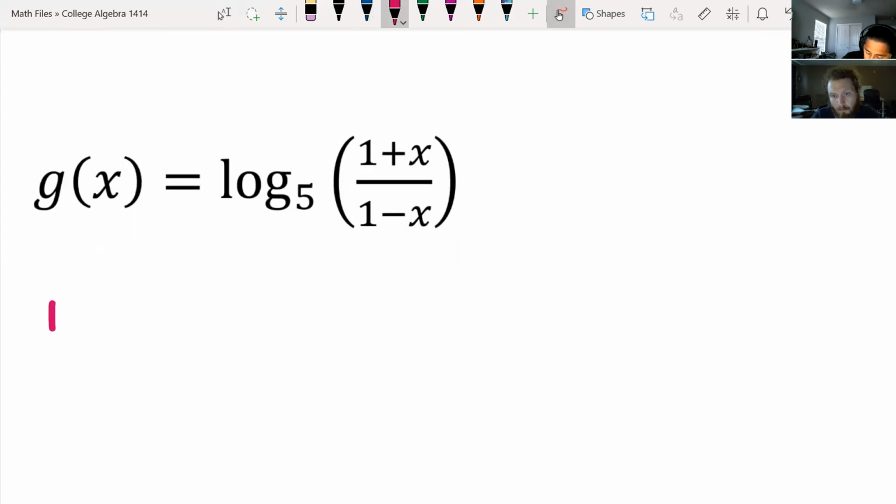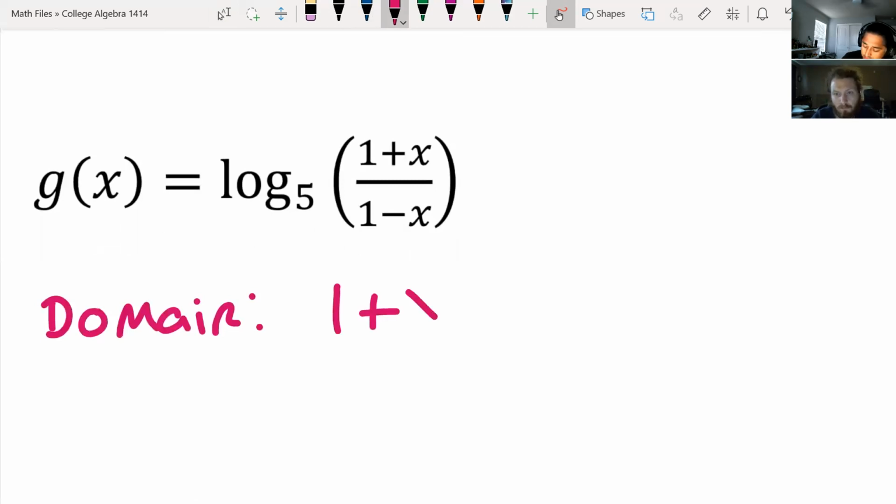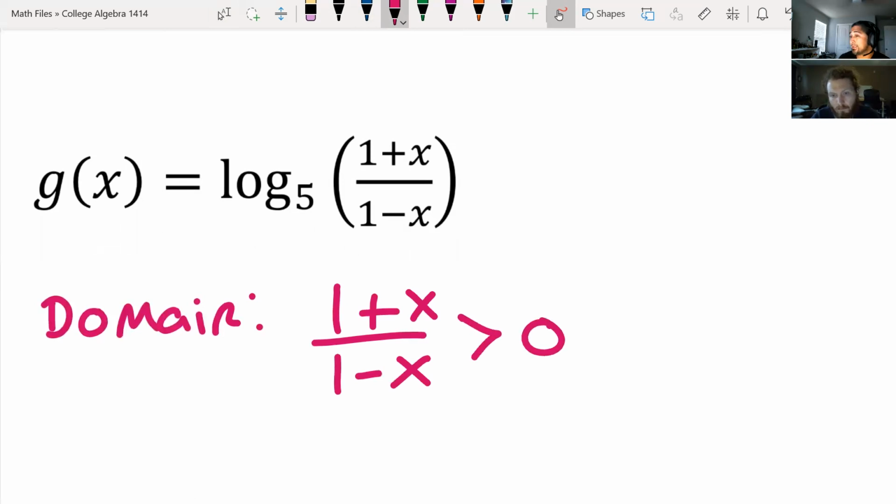For this domain, you're going to take 1 plus x over 1 minus x and set it greater than 0. Well, what we have now is something we've worked with before.